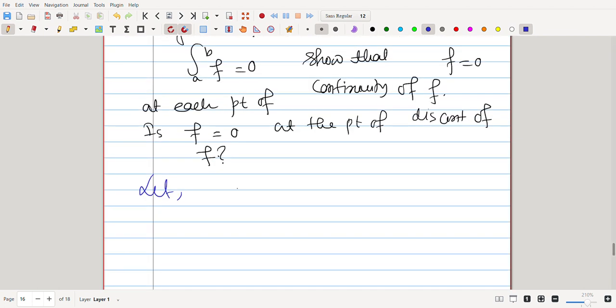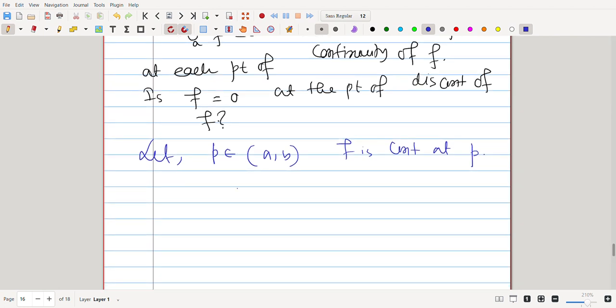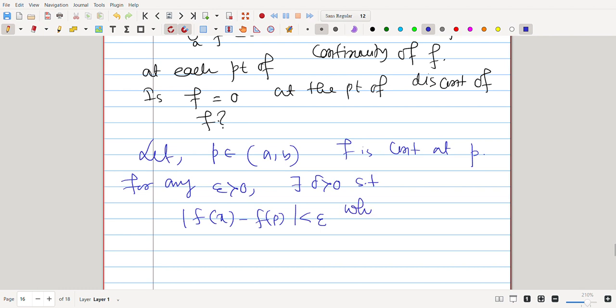Okay, so let p belong to a b, and f is continuous at p. And for any epsilon greater than 0, there exists a delta greater than 0 such that |f(x) minus f(p)| is less than epsilon whenever |x minus p| is less than delta.